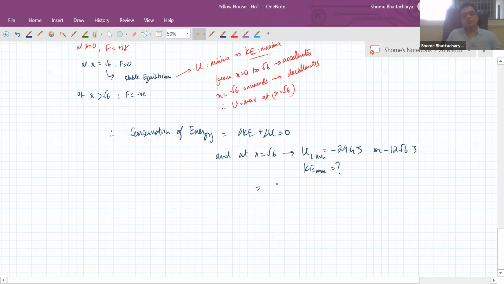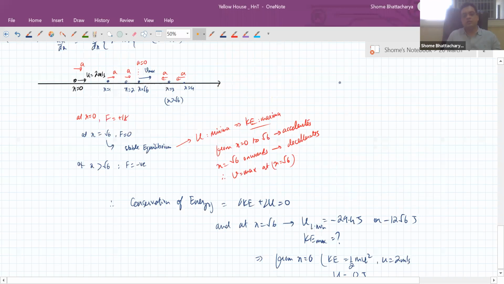So from x equal to 0, where the kinetic energy is half m u square, where u is 2 meters per second, and the potential energy is equal to 0 joules, because you can see that the formula for potential energy was such that potential energy at x equal to 0 is 0.